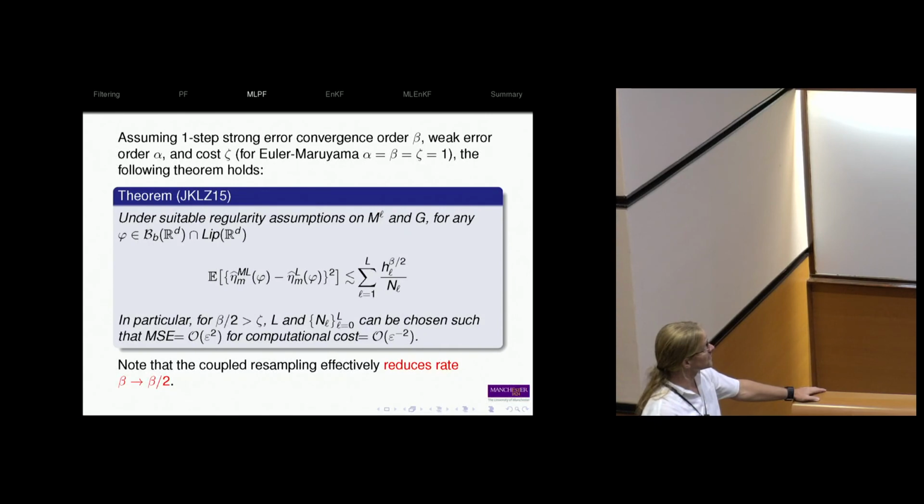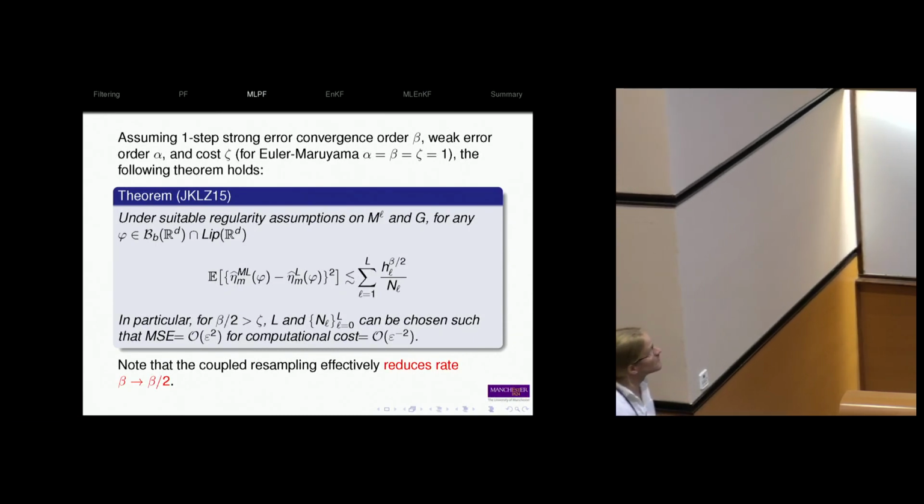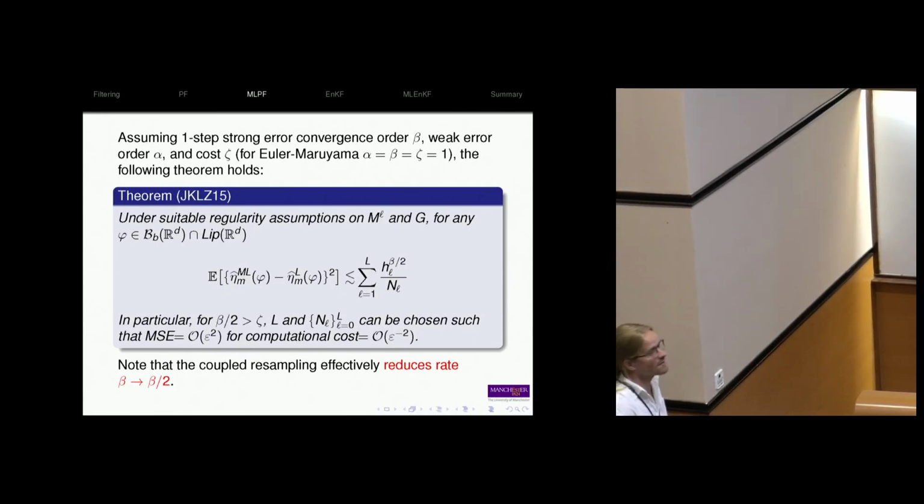This coupled resampling effectively reduces the rate. For the multi-level particle filter, the term contributing to the error on the right-hand side is half of what you would have if you were just estimating the expectation of the SDE at the final time.